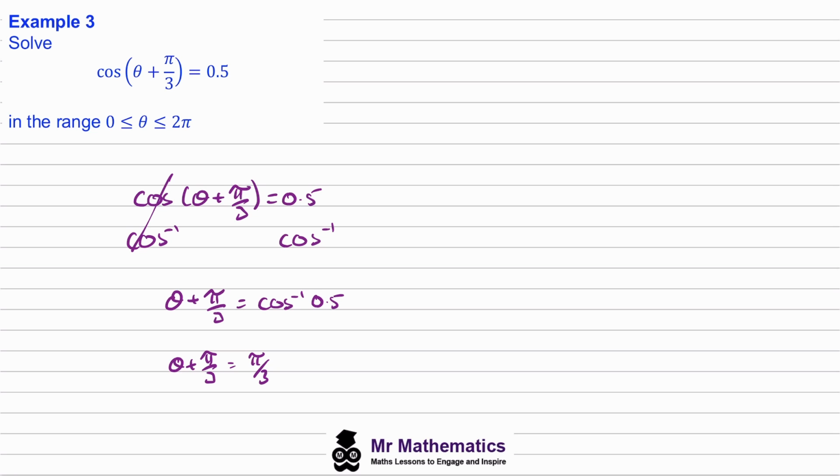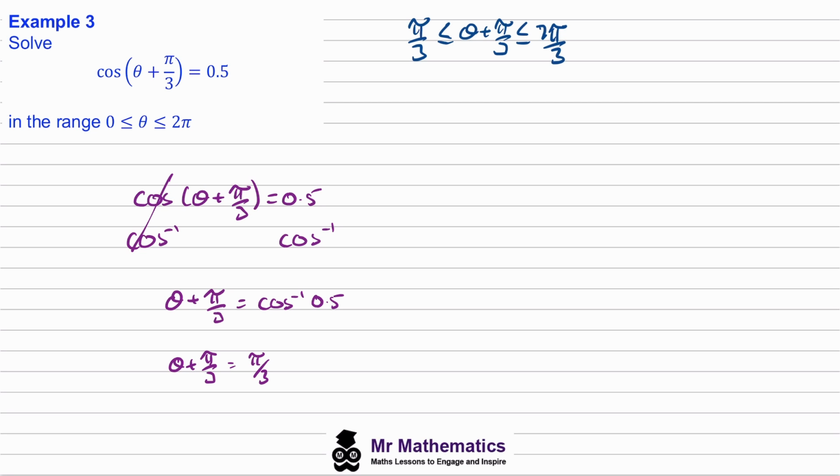The problem we have now is that the range is for theta, but we need theta plus pi over 3. So we need to adapt our range. We need to add pi over 3 to both sides. So our new range becomes pi over 3 less than theta plus pi over 3, and this is less than or equal to 2 pi plus pi over 3, so 7 pi over 3.